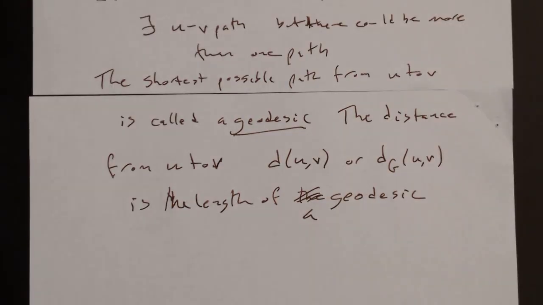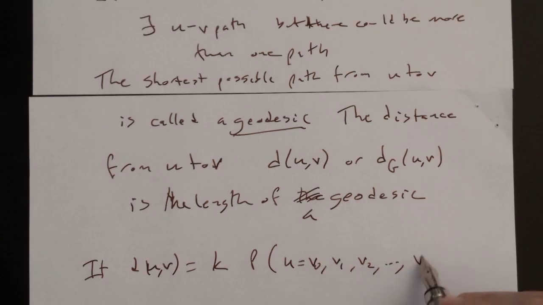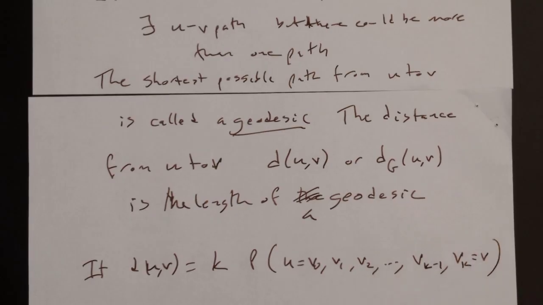But if the distance from U to V is some number K, then I have a path that looks like this. It starts at U, that's vertex 0.